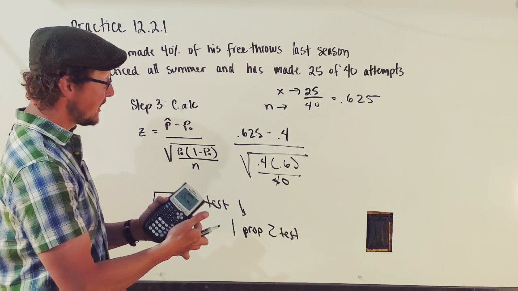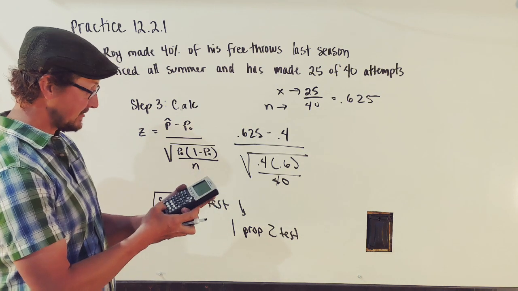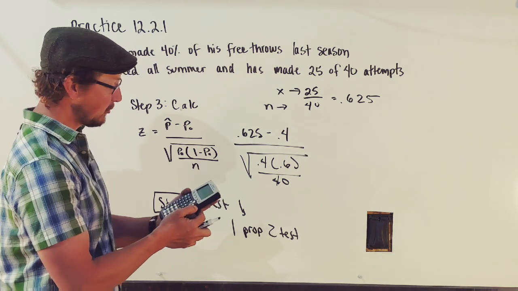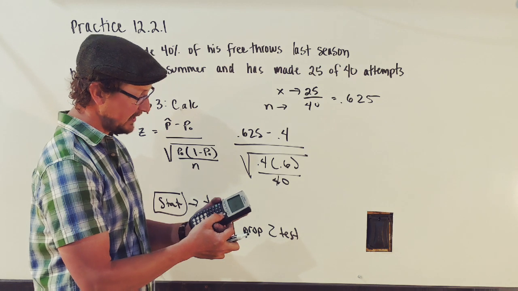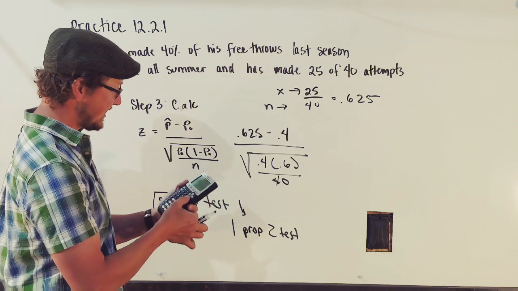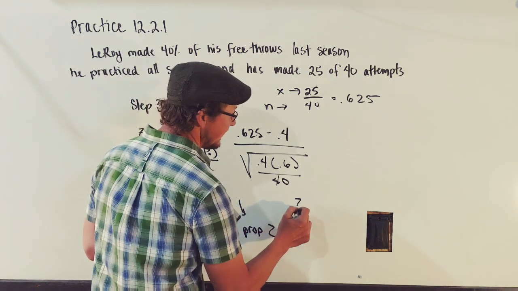Here I'm going to put in my null hypothesis, that 0.4, my observed successes, 25, my sample size is 40. We're seeing if he improves, so this is the greater than P sub naught at the very back end, and we're going to calculate, and here are the values we get.